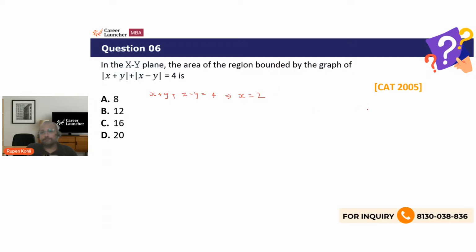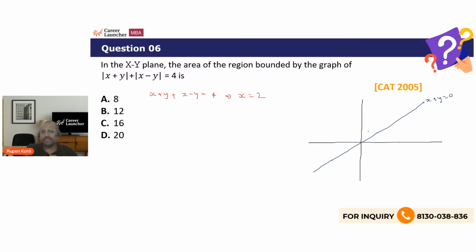Try to understand. So on the graph, let's say that this is the line of x. This line which I'm drawing is the line x plus y equal to 0, right?